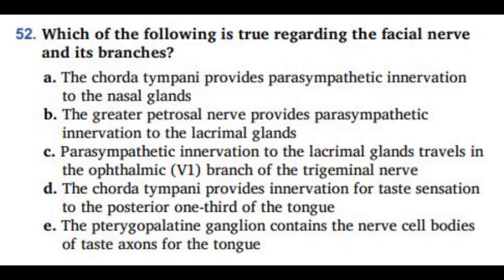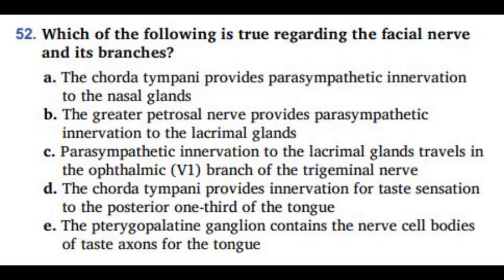So that's false. B, the greater petrosal nerve provides parasympathetic innervation to the lacrimal gland. That is true. C, the parasympathetic innervation to the lacrimal gland travels in the ophthalmic division. No, it travels through V2, that's the maxillary division. So that's false.